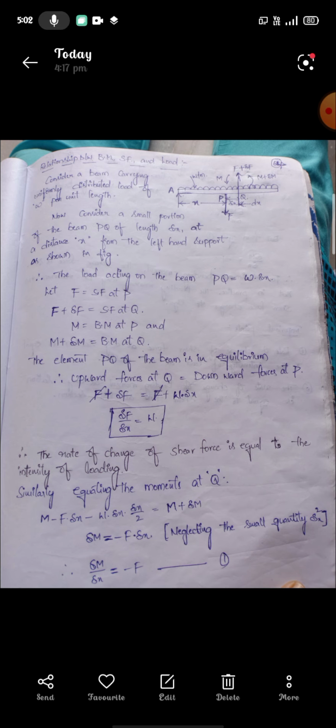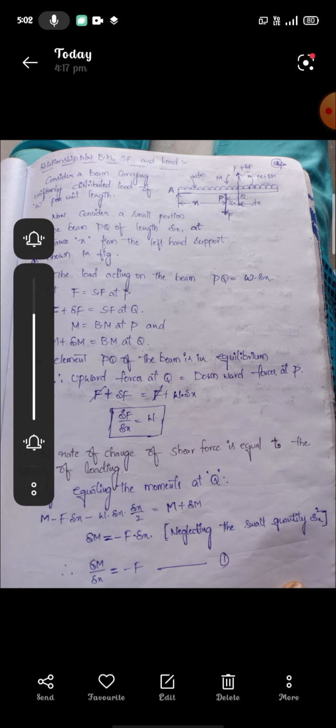So delta F by delta X equal to W, nothing but the rate of change of shear force is equal to the intensity of loading. Then delta M by delta X equal to minus F, which is nothing but the rate of change of bending moment is equal to the shear force at the section.